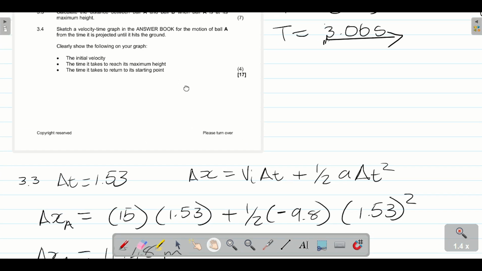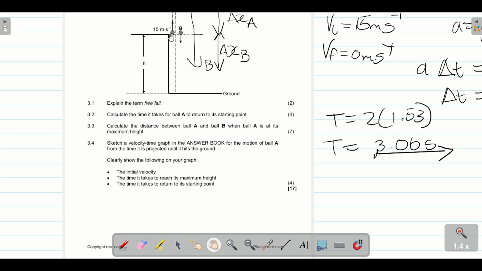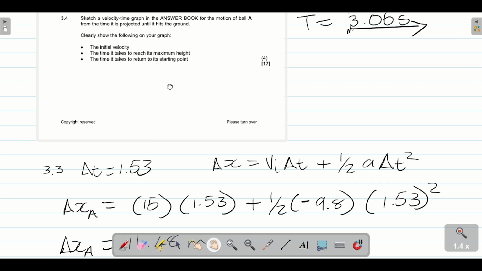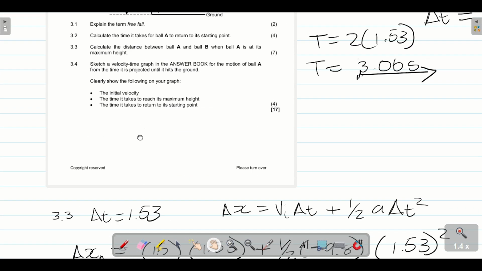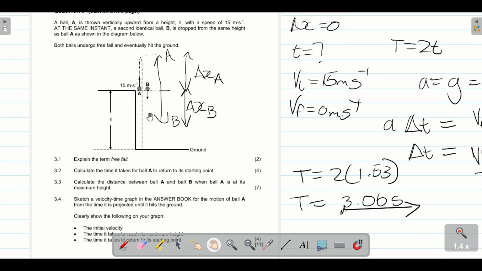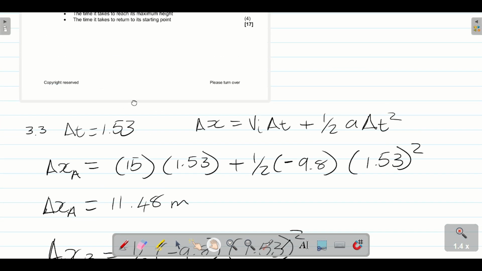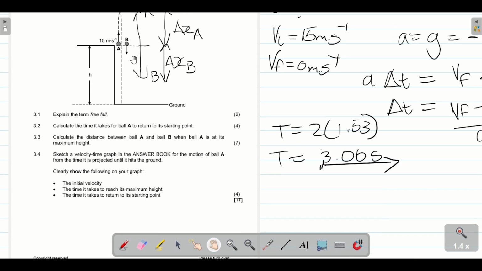Now remember, this minus just indicates that this is below a certain point, which means our point of reference will be here. The top part is 0 in our case, which means that ball A goes 11.48 meters upwards, and ball B goes 11.48 meters downwards.